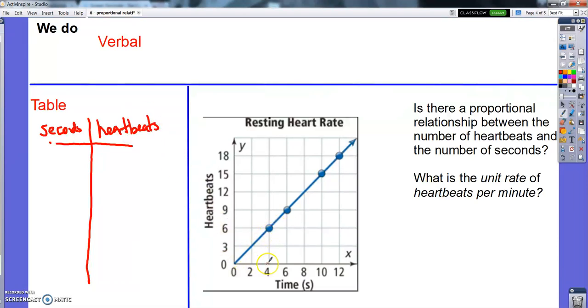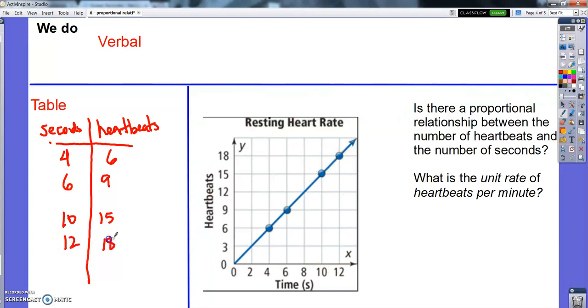And they've given us a few to look at. 4 seconds, 6 heartbeats, 6 seconds, 9 heartbeats, 10 seconds, 15 heartbeats, 12 seconds, 18 heartbeats.